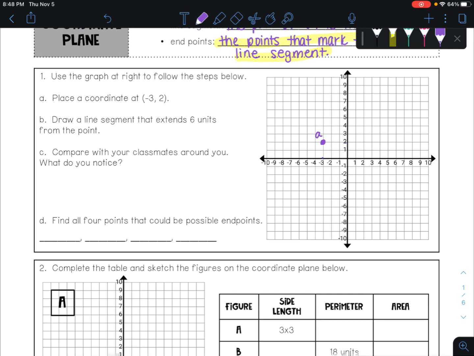Draw a line segment that extends 6 units from the point. It doesn't tell me anything about a direction, so I have some options here. As long as I go 6 spaces, so 1, 2, 3, 4, 5, 6, that's one option. I could go straight down, 1, 2, 3, 4, 5, 6.